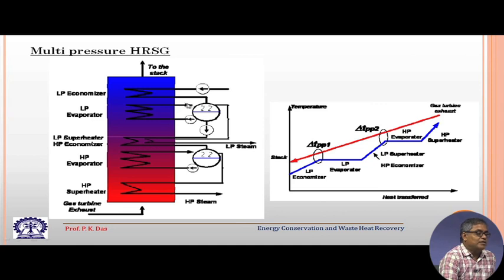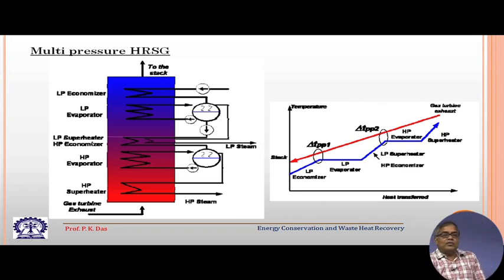The steam which is coming out from the LP steam drum will be superheated in the superheater. So, we are getting LP superheater over here and the LP steam will come out.